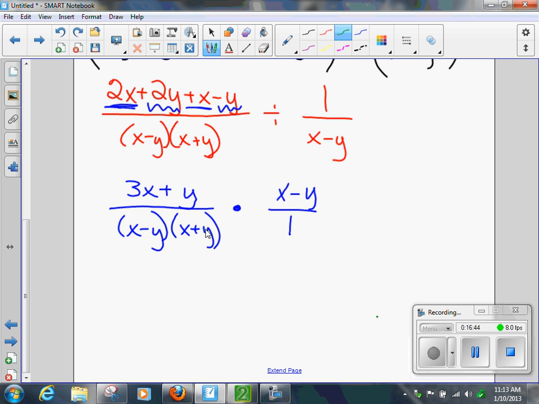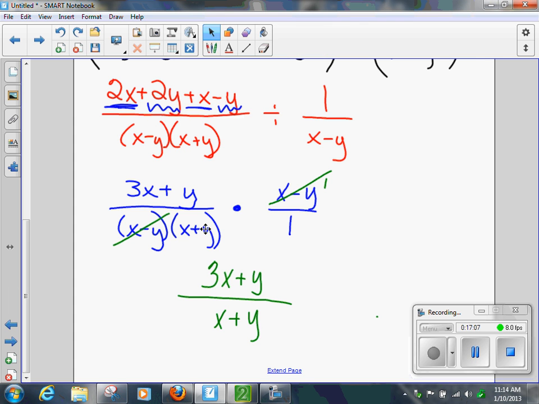No. It's still a binomial, and it's still going to cancel out with that one. Now I'm going to multiply across, and what's left up here, by the way? A 1, good. 3x plus y times 1 is 3x plus y over who? X plus y.